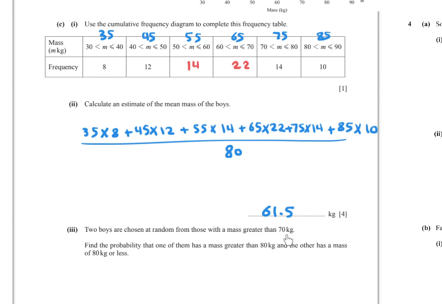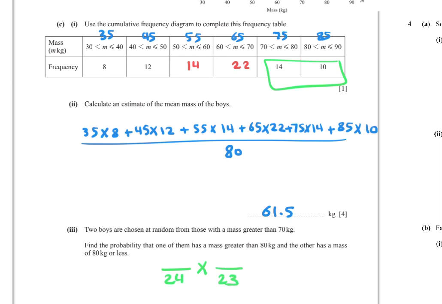So we need to choose from those with mass greater than 70, so we have 14 and 10. So we need to choose from 24. Okay, so the denominator now, 24 for the first one and 23 for the second one.